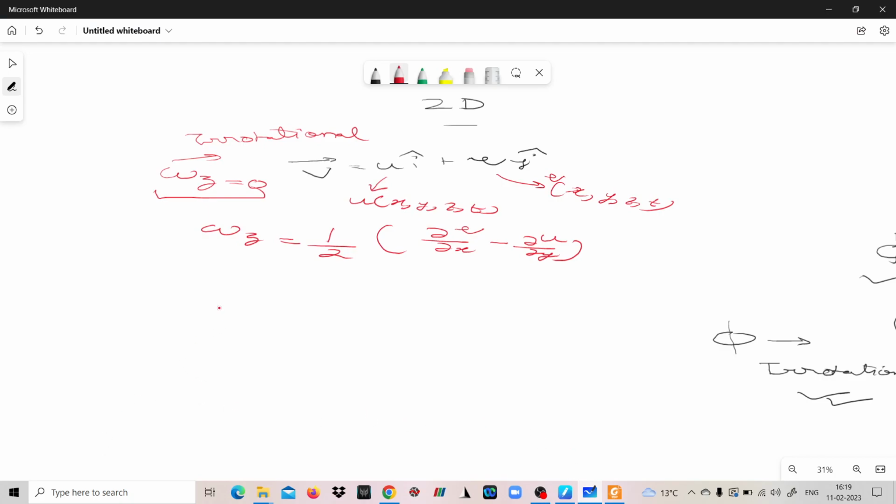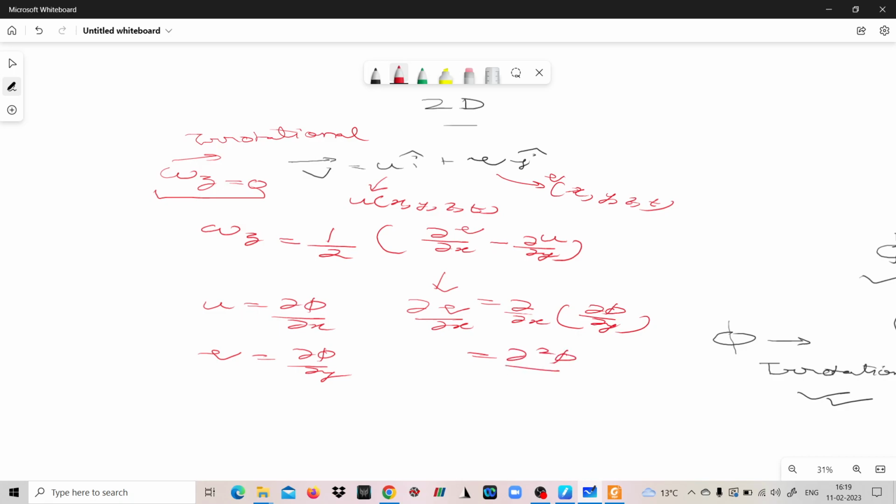From the definition of the potential function, we have u equal to del phi by del x and v equal to del phi by del y. In that case, what will be del v by del x? That is the first term. Del v by del x will be del x of v, and v is del phi by del y, so del 2 phi by del x del y.